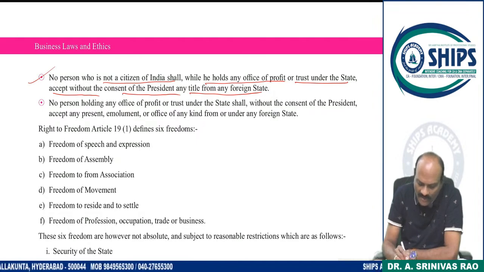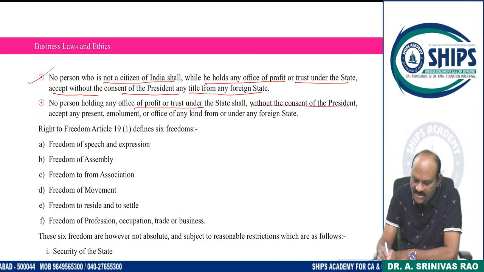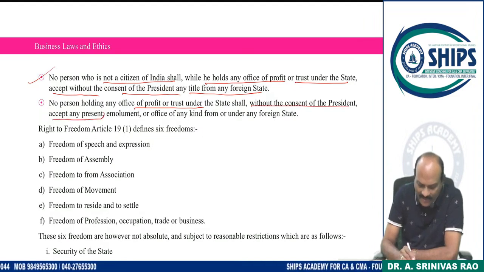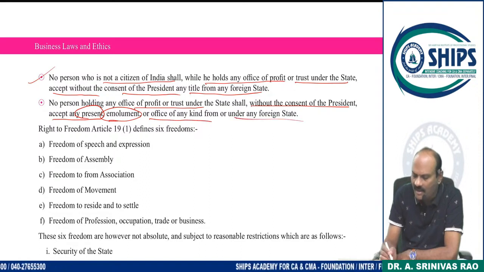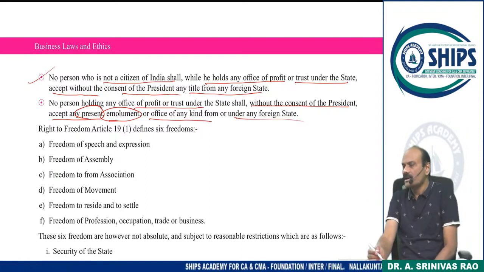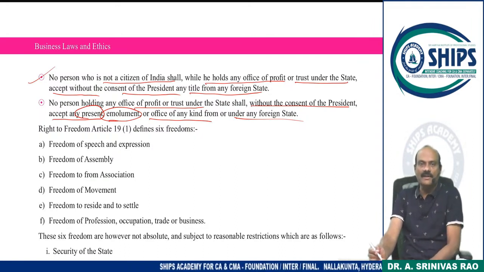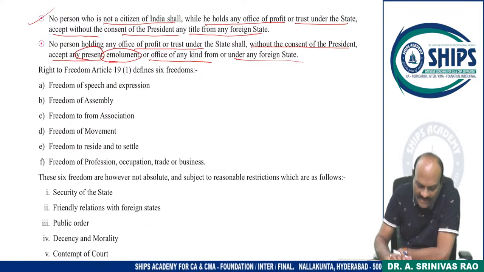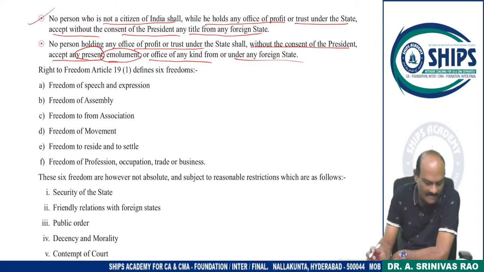No person holding an office of profit or trust in the state may, without the consent of the President, accept any emoluments or office of any kind under a foreign state. That's what I said: any titles, rewards or awards given, you can't accept as long as you are working in India. This is about Article 18.